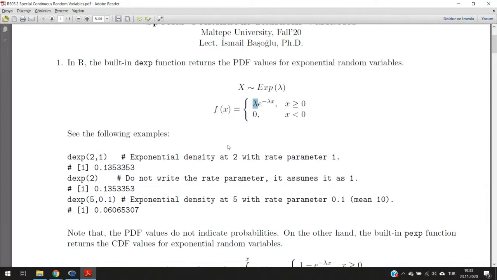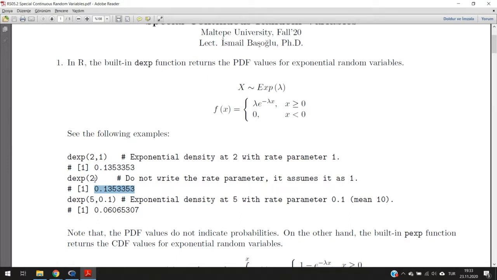Now, in the theoretical course, we have stated that when the rate parameter of the exponential distribution is equal to 1, we call this a standard exponential random variable. And if you just run this command line without the rate parameter argument in it, still you are going to get the same result, because by default, the rate parameter is assumed as 1.